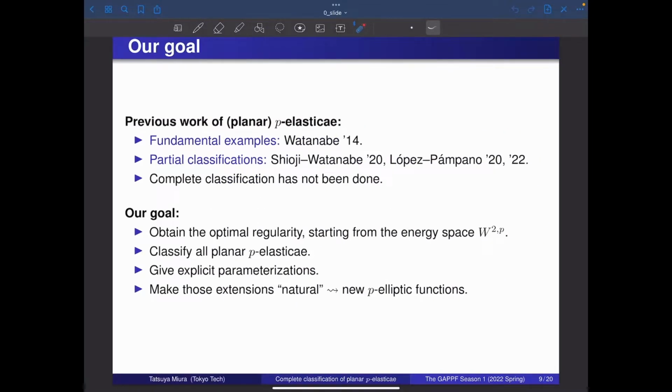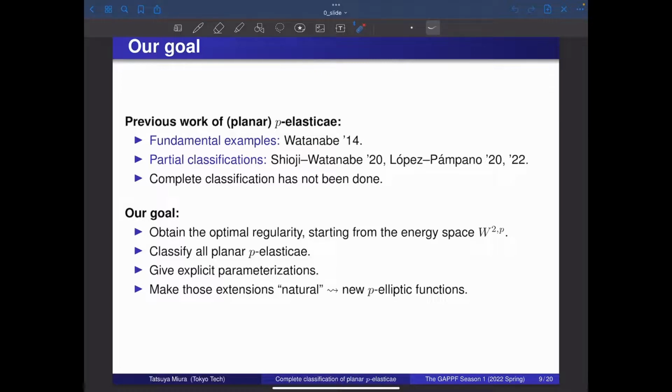Okay. So now we have observed that Watanabe obtained some fundamental examples of planar p-elasticae. I also mentioned that some partial classification results were obtained previously, namely by Shioji and Watanabe, and this paper actually doesn't deal with planar p-elasticae directly, but with p-elasticae in the sphere.